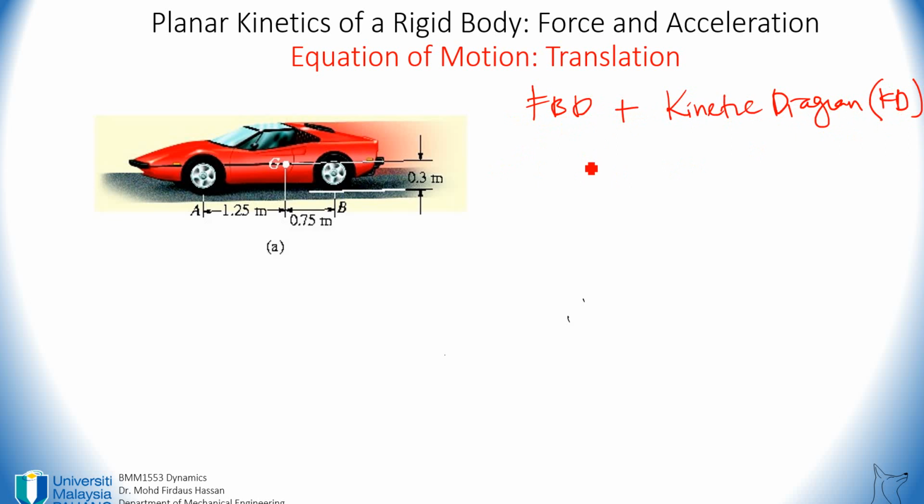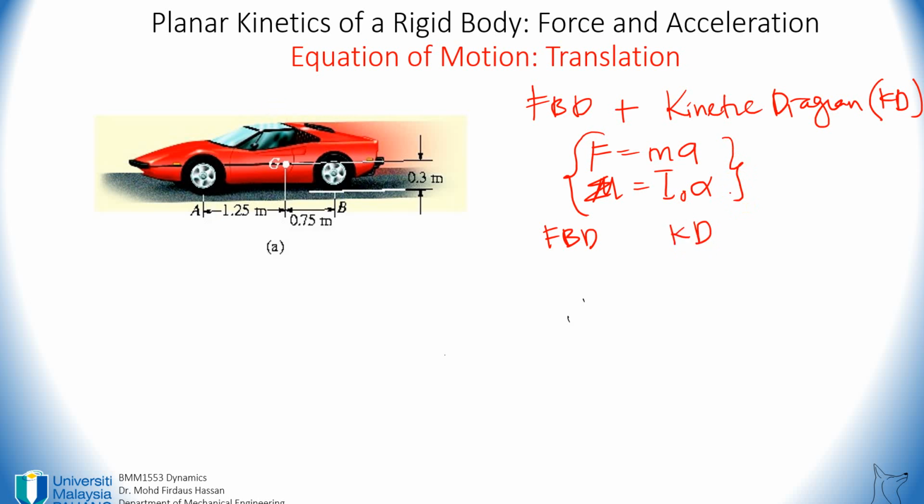FBD and KD, what's the difference? It's easy to remember, class. You have F equal to m a, and the summation of moment is I_G alpha. Everything on the left-hand side is the FBD, and everything on the right-hand side you draw in the kinetic diagram.